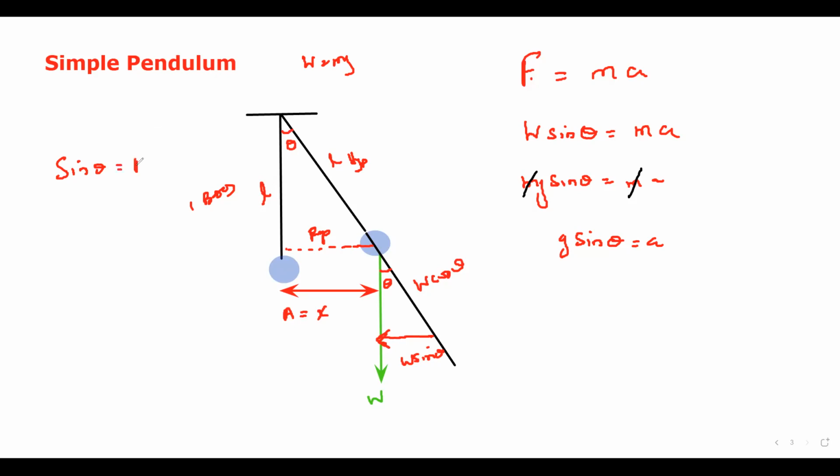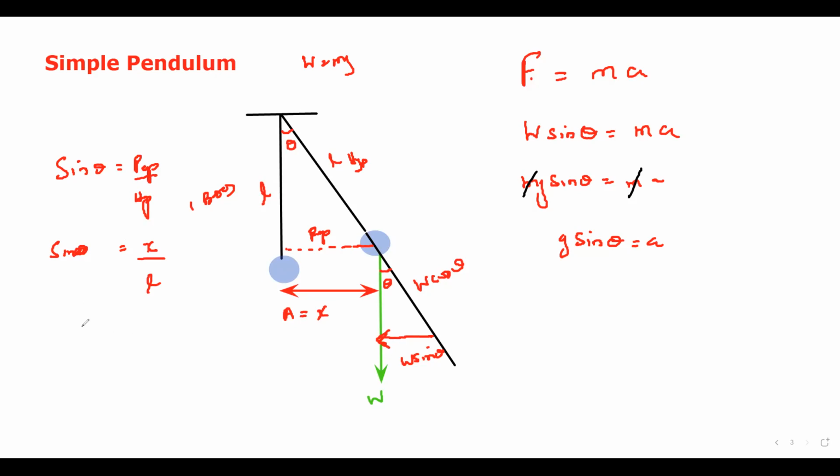So sine theta is perpendicular over hypotenuse. What about perpendicular? Perpendicular is x. And what about hypotenuse? It is L. So sine theta is x divided by L.